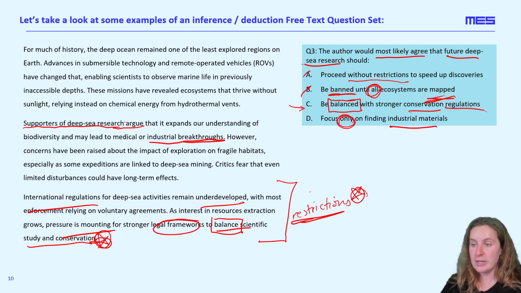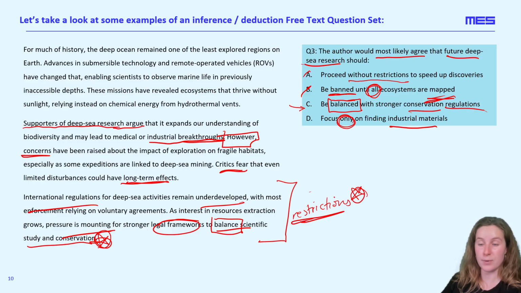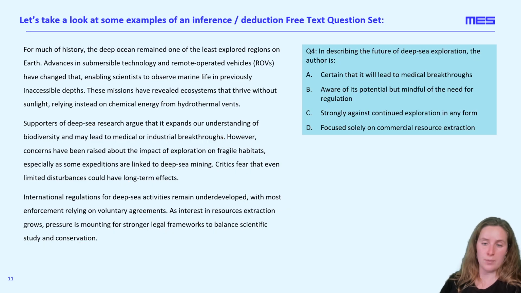And that certainly doesn't mean it's the opinion of the writer, because then they use this bridging word here to talk about the concerns of the environment and the critics with their long-term effects focus on deep sea mining, deep sea exploration. So this is indicating a no for D and guiding us towards C, being balanced with stronger conservation regulations.